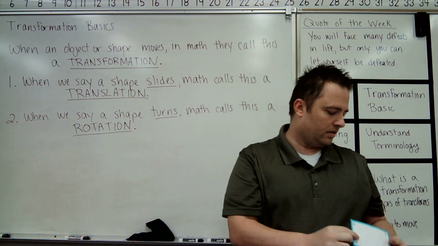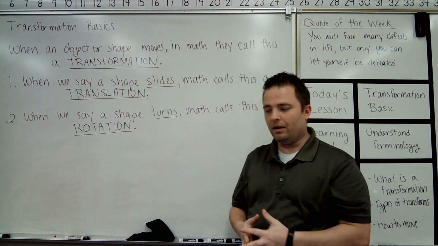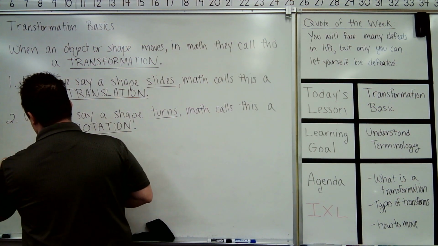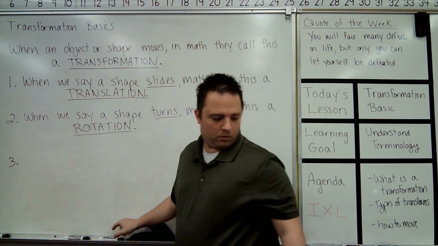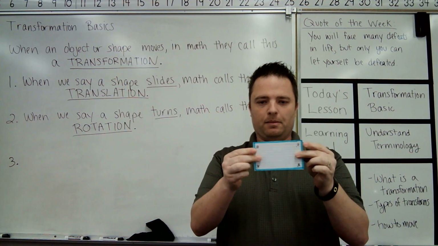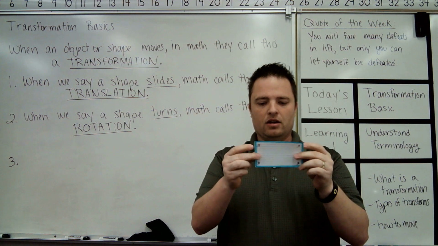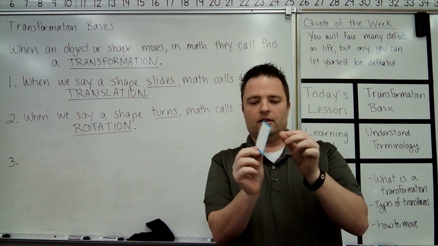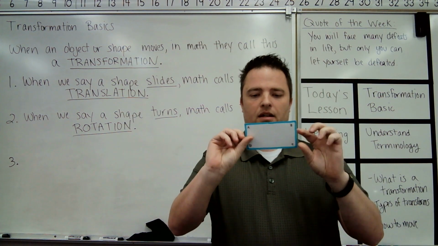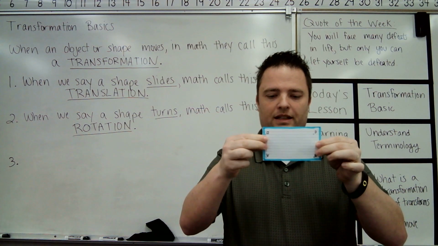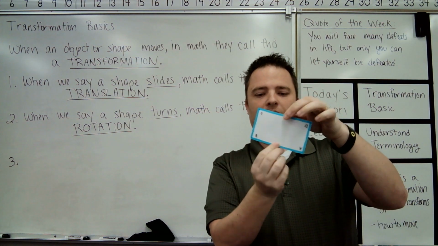Okay? The last type of movement that we had was when we took our shape, in this case the square, and what if we were to flip it over? Okay? We would call this flipping it. Okay? We could flip it to where the top becomes the bottom, meaning I flipped it over like this, or I could flip it sideways.